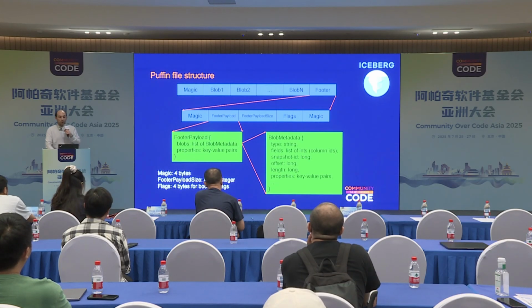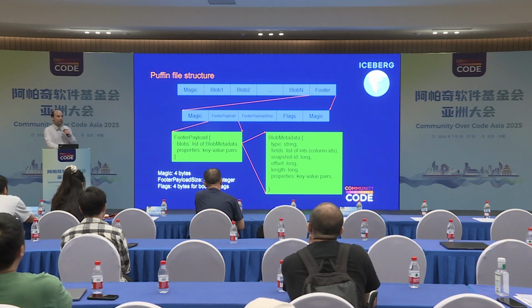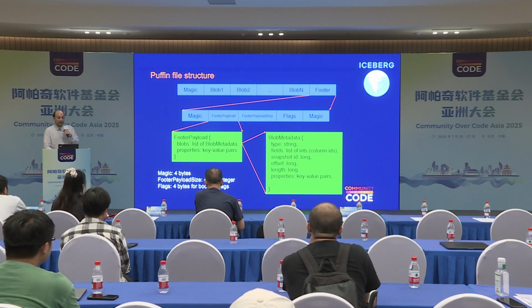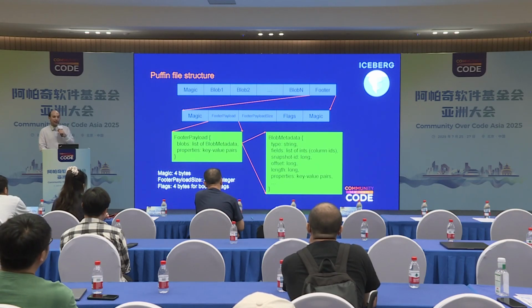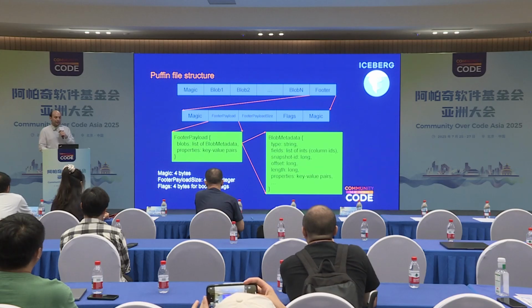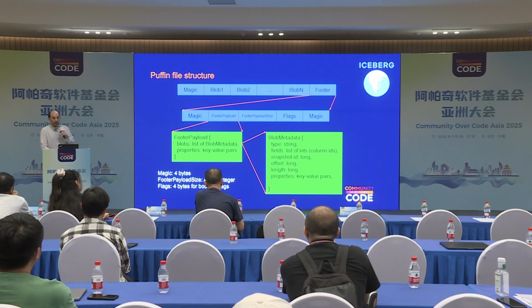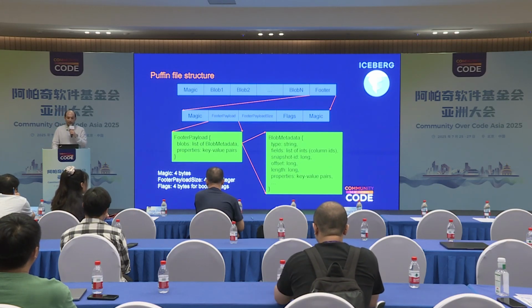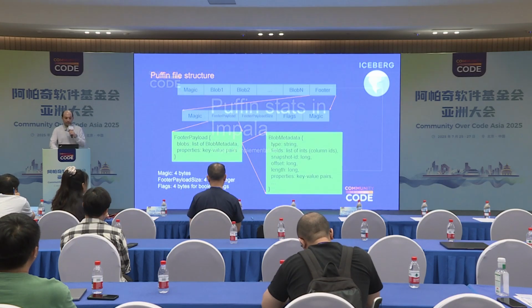And you have one blob metadata for each of the blobs in the file. Now, for example, offset and length in blob metadata help you identify the blobs in the file, so that's how we can find your sketches. Snapshot is, of course, the snapshot for which this sketch was calculated. And also, we have some optional properties here, which I'll talk about a bit later.